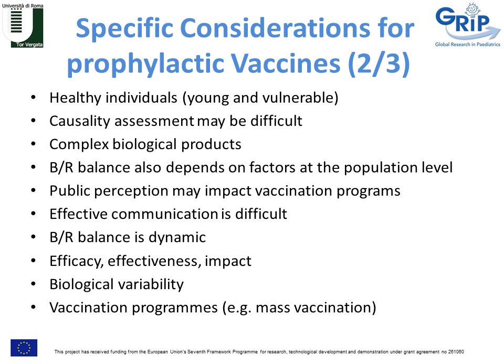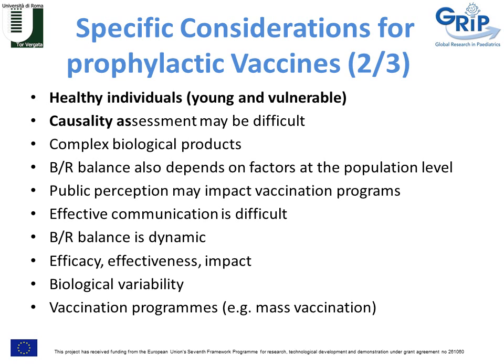Other specificities of vaccines are shown in this slide, but I would mention some of them. Vaccines are provided to healthy individuals, mostly young and vulnerable subjects. Causality assessment may be difficult because multiple vaccines are administered at the same time and many diseases develop at the same time as vaccination.